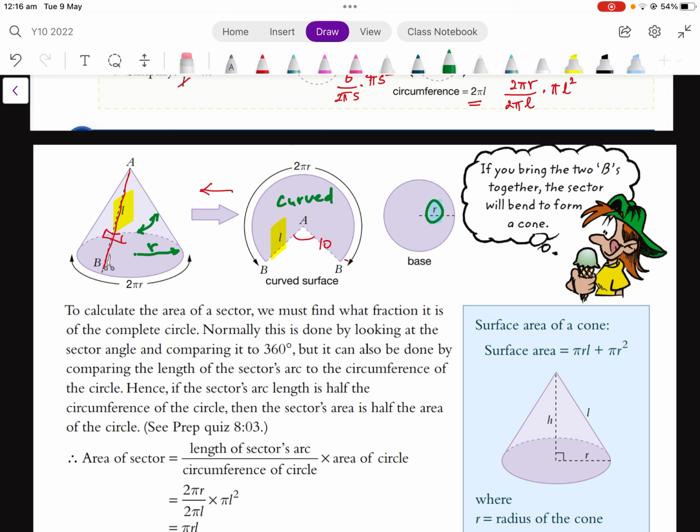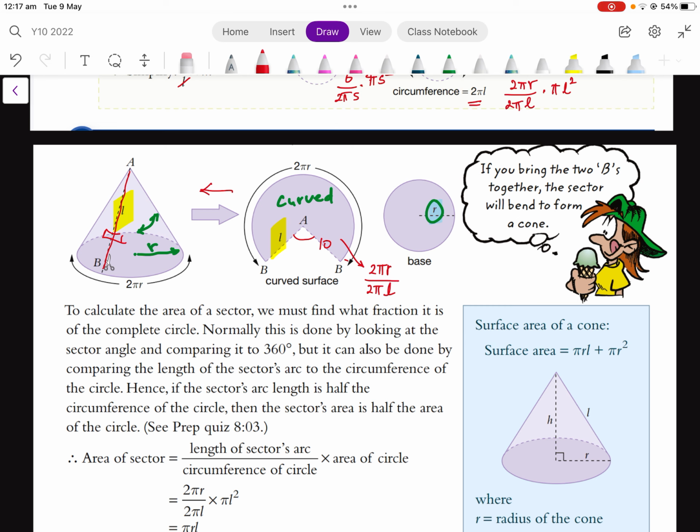Okay, now what we're going to do is identify the surface area of this curved surface. How do you find the surface area of this curved surface? You'll see that I have 2 pi r as the length of the arc of that sector, and that as a fraction of the complete circumference, which would be 2 pi l, because this is the radius of this circle.